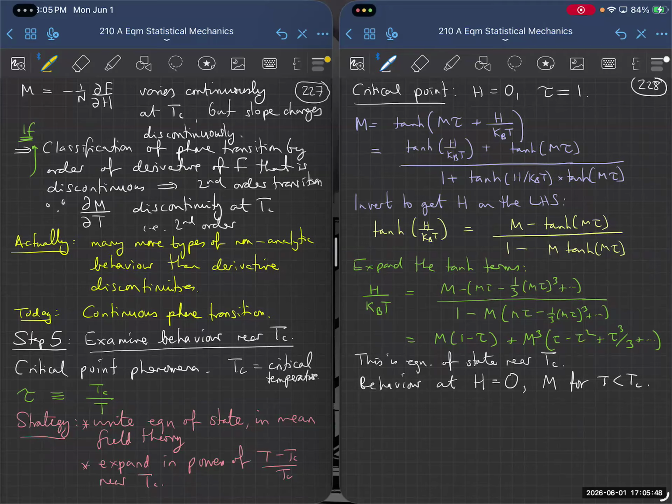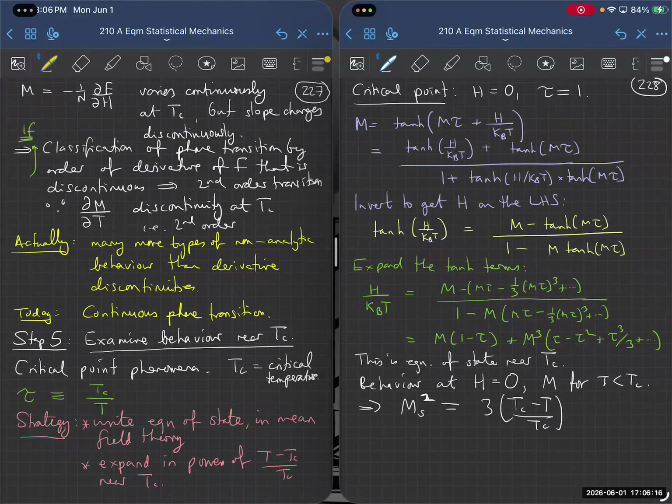Now if I just set H equal to 0, then what you find is that MS squared is equal to 3 times Tc minus T over Tc.